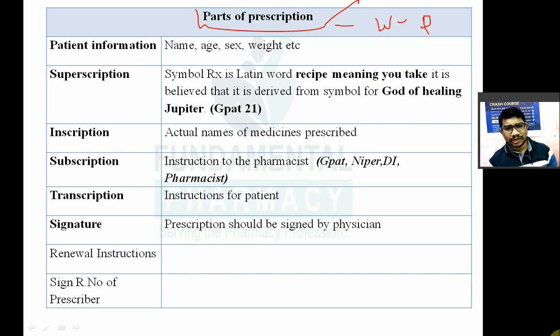A prescription, you might have seen, if you have worked in a dispensary or in a medical shop, will have different information. For example, the name of the dispenser, the name of the prescriber, the name of the hospital, the name of the physician along with his qualification. That is one part. After that, the prescription will have the patient name, date, age, sex, weight of the patient, etc. So basically patient information will be there.